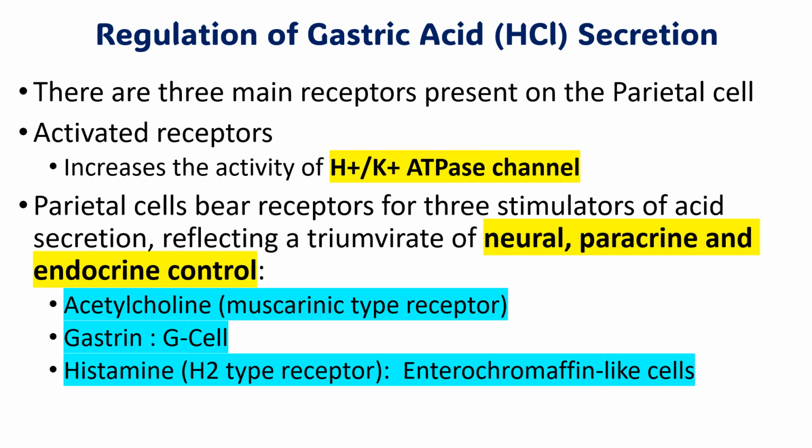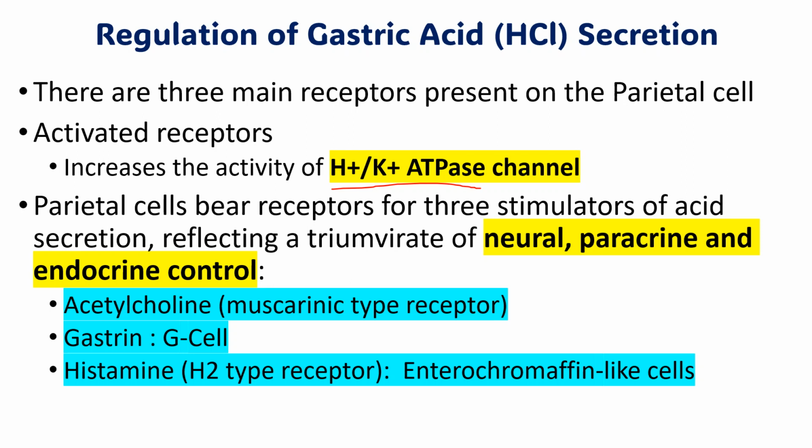So due to histamine, cyclic AMP production will be there because histamine activates adenylate cyclase. More cyclic AMP, more protein kinase A activated. Once protein kinase A is activated, it phosphorylates cytoskeletal proteins, and that helps in the transportation of this channel.